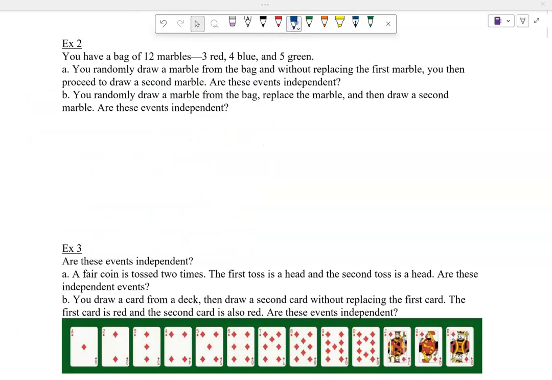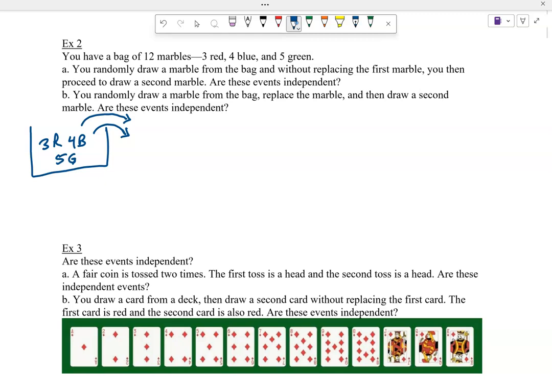All right, so this one we've got this bag. We've got 3 red marbles. We got 4 blue. We got 5 green. Okay, part A says you randomly draw a marble from the bag. So we pull one out. And then we proceed to do a second one. Well, if I pull out a second one, I have one less the second time, right?